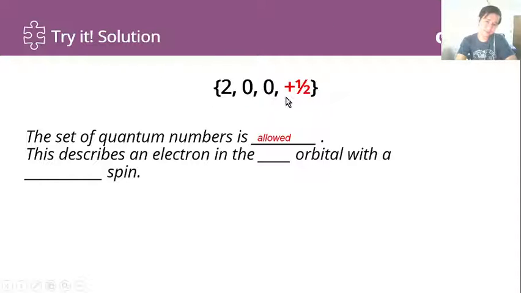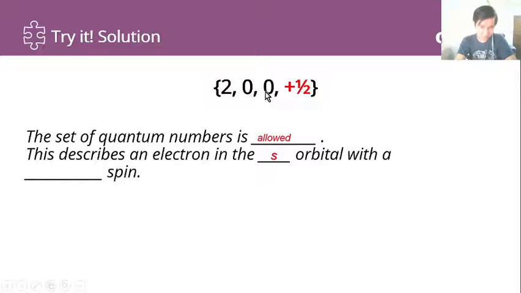Now, looking at these four quantum numbers, it describes an electron in what orbital? Can you guess? Is it in the s orbital, p orbital, d orbital, or f orbital? Take a look at the principal, azimuthal, magnetic, and spin quantum numbers. It is actually s.